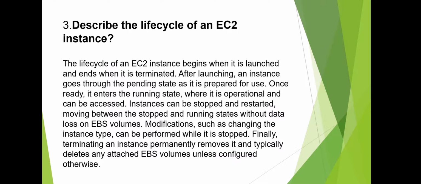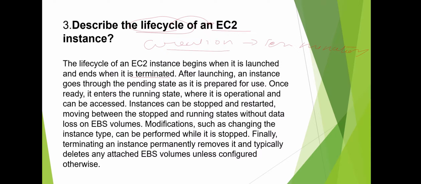The next slide is to describe the life cycle of EC2. The word is life cycle, and I'm talking about EC2. We are going to describe the EC2 life cycle from creation to termination. The life cycle of an EC2 instance begins when it is launched and ends when it is terminated.